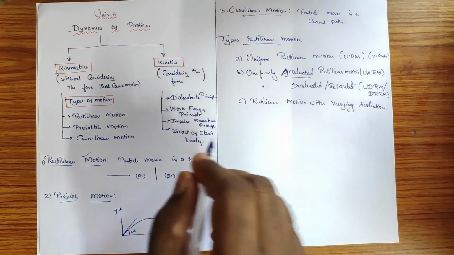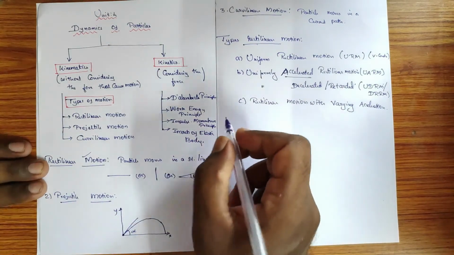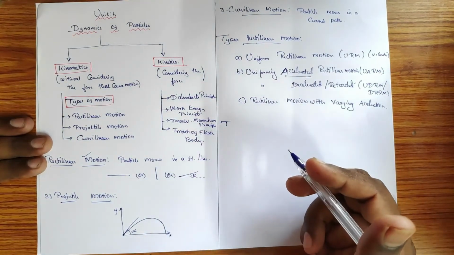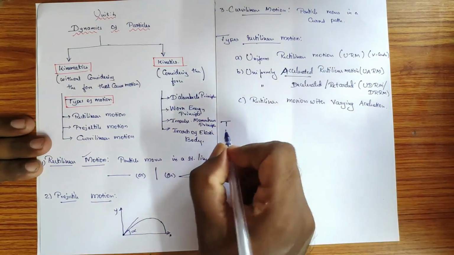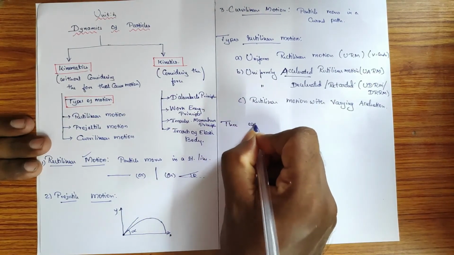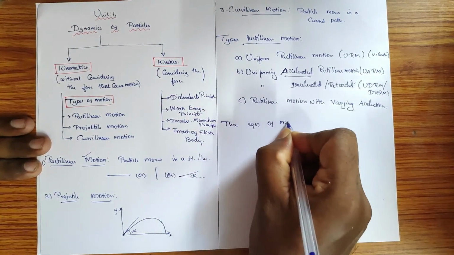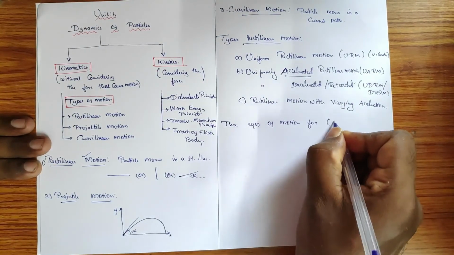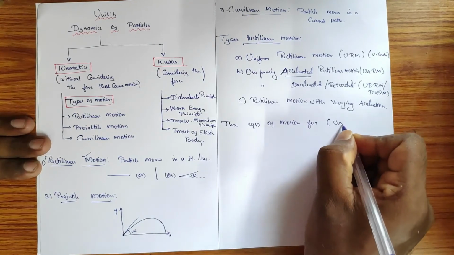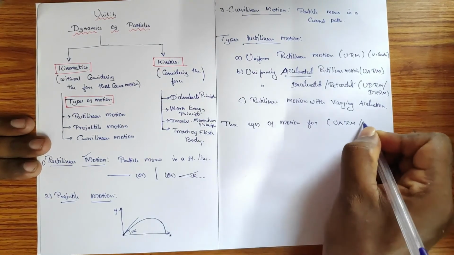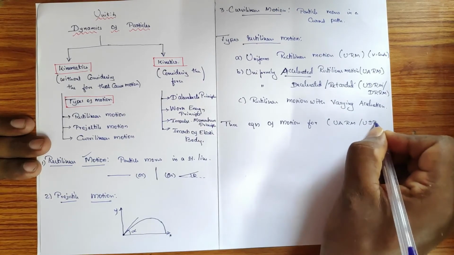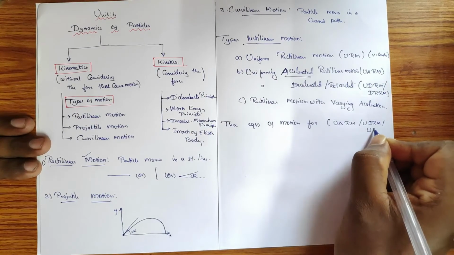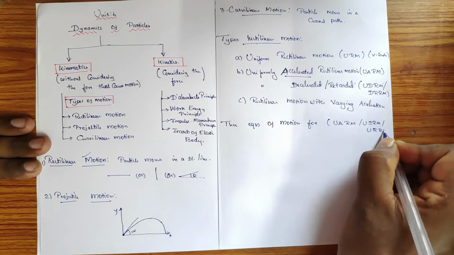Fine. Then we must know the three equations of motion. It is very important when you are looking at a problem. The three equations of motion for uniformly accelerated rectilinear motion, or uniformly decelerated or retarded rectilinear motion.